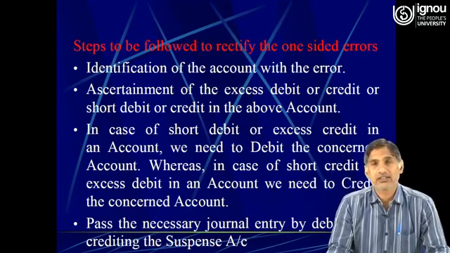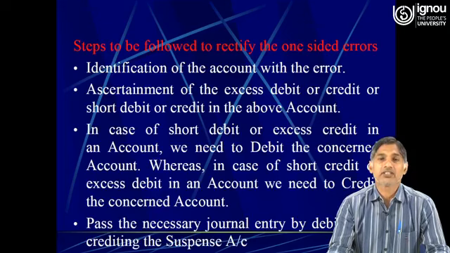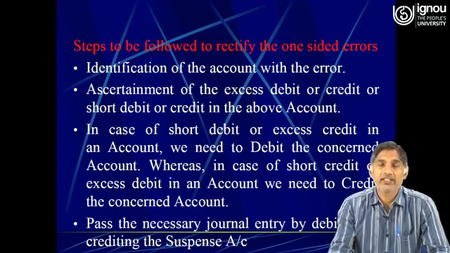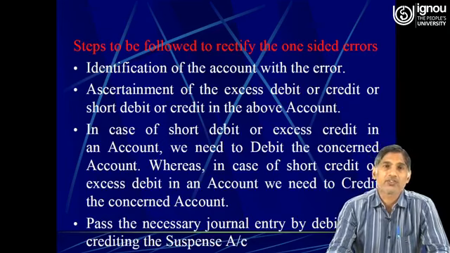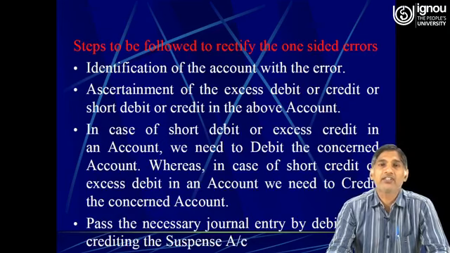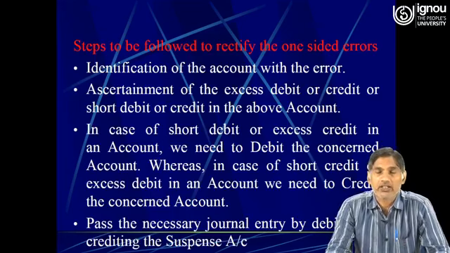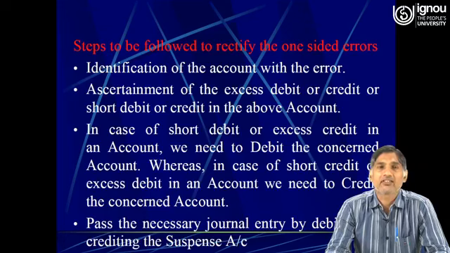So there are certain steps which need to be followed in order to rectify the one-sided errors. The first one is identification of the account with the error. Here identification of account is most important, that is, which account has been affected.